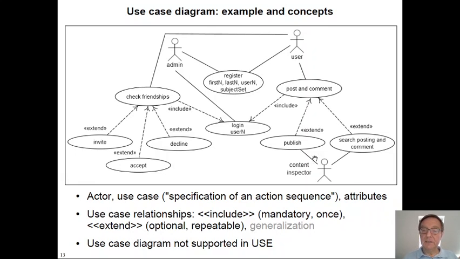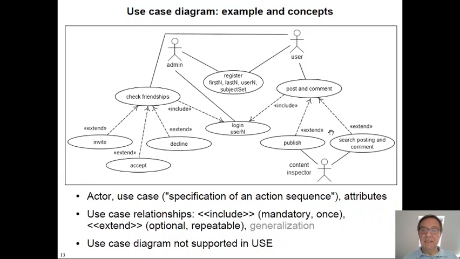Well, the content inspector is an actor that checks the postings and the comments, whether they are aligned with the legal laws that have to be obeyed, and maybe they are removed. These postings or these comments are removed. So that's the role of this content inspector here.